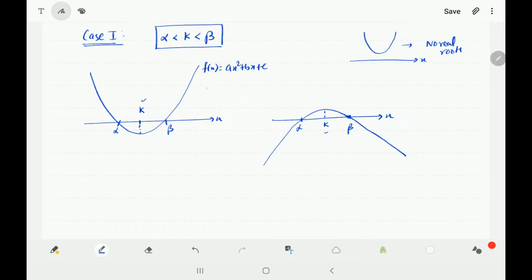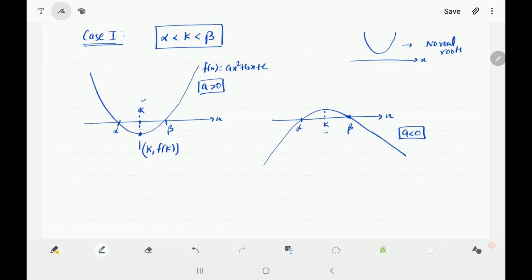In this case, a is greater than 0, and in this case a is less than 0. Because this is an upward parabola, a is greater than 0, and because it is a downward parabola, a is less than 0. So obviously on a we cannot make a condition. If you see this coordinate, not the vertex coordinate, but the coordinate which lies on the vertical line x = k, this coordinate is (k, f(k)).